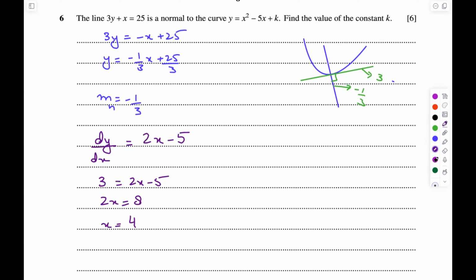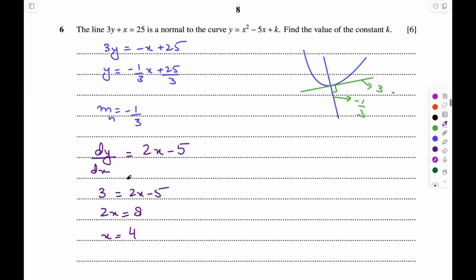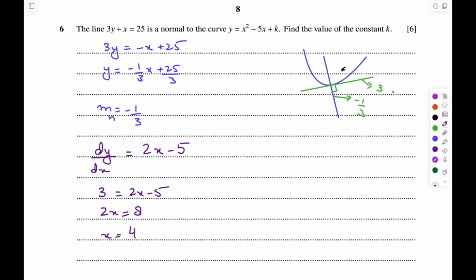Once we have the value of x as 4, to find the value of the constant k, we need to make an equation, and then we can substitute the x and the y values to find the value of k. As we already have the x value, using the equation of the normal, we can find the y value and then substitute it to find the value of k.